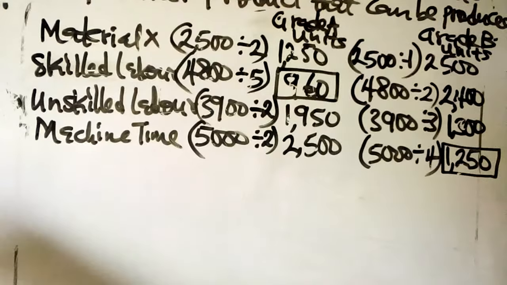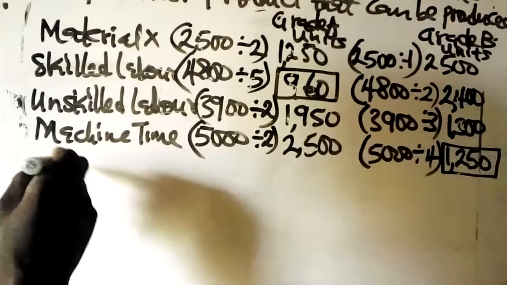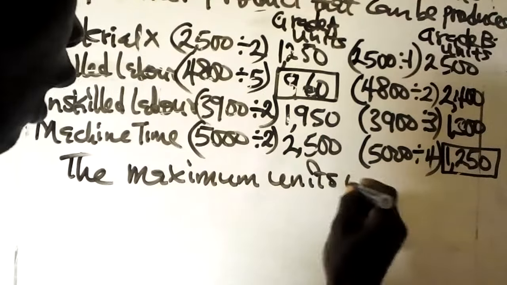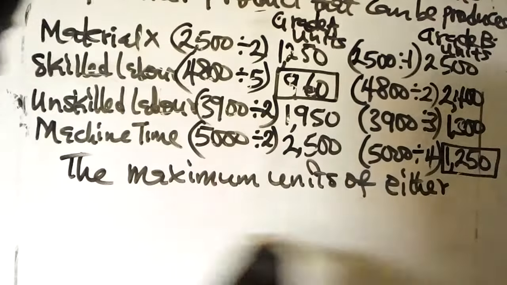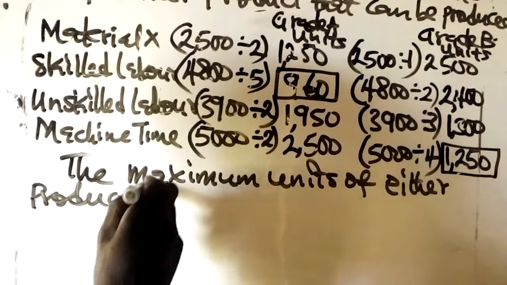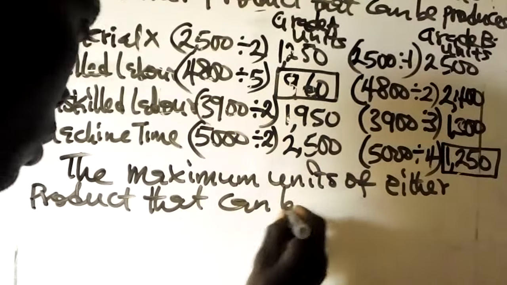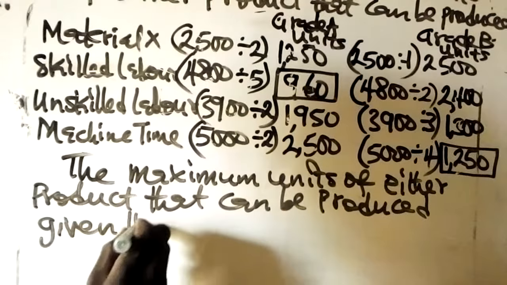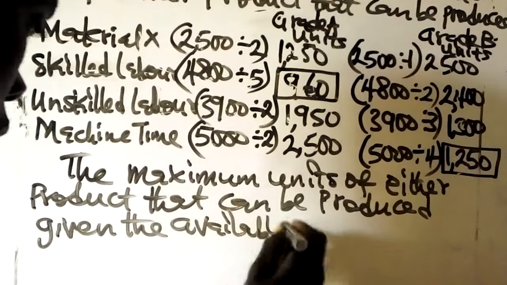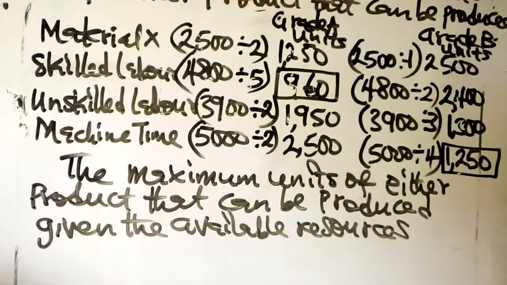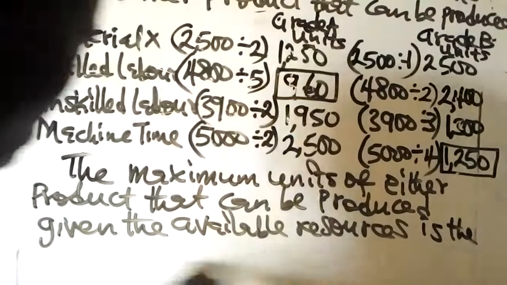So the maximum units of either product that can be produced given the available resources is the lowest under each of the two grades.